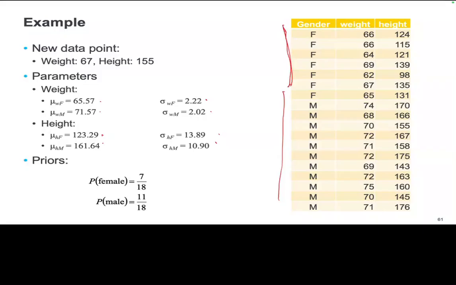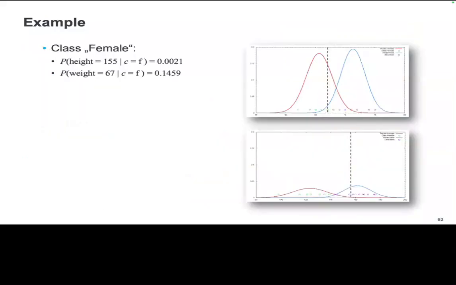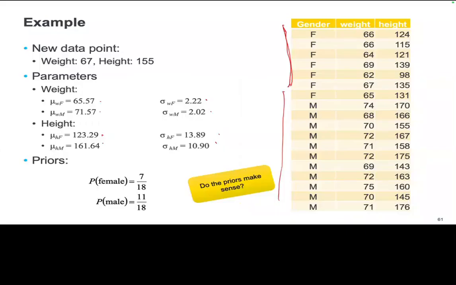So we would have a prior category for female of 7 divided by 18 and for male 11 divided by 18. Priors don't really make sense, but that's the way it is in our data set here. And of course, we could think about readjusting that. There are different means, for example, subselecting only.